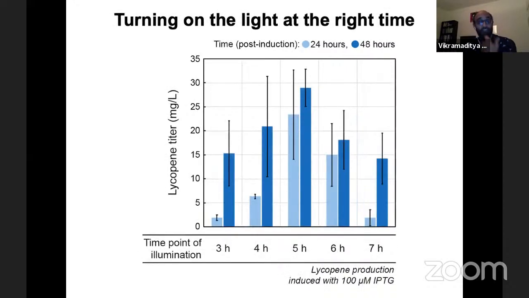And we have then gone on and optimized the system. So the optogenetic circuit is one of the very first demonstrations of an E. coli that can sense light and can use the light trigger to control its intracellular metabolism.